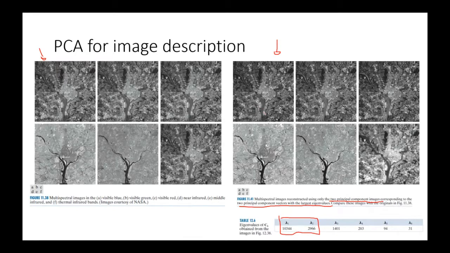I don't see much severe differences from this image to that, or from this to that. Somehow this image is not as good as this one. It has more or less the same features, but the intensities are different.